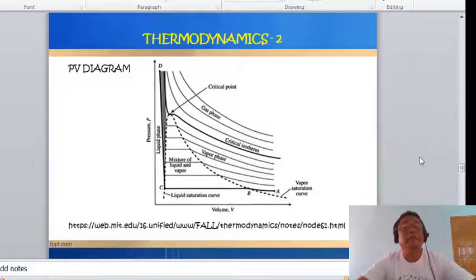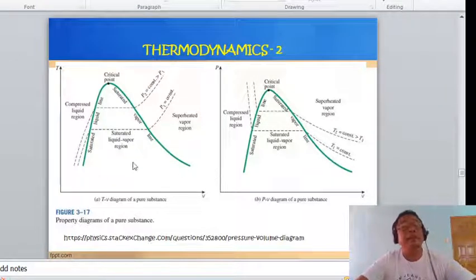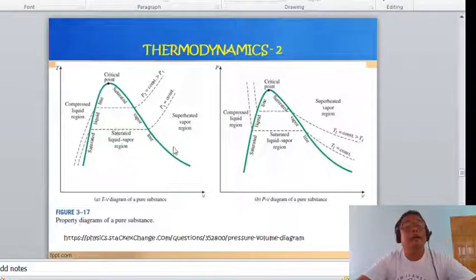Another, we have also here the TS diagram and PV diagram. At the left portion, we have here the compressed liquid. We have again the saturation line, and at the upper portion is the critical point. Take note, class, this broken line here is the constant pressure line.